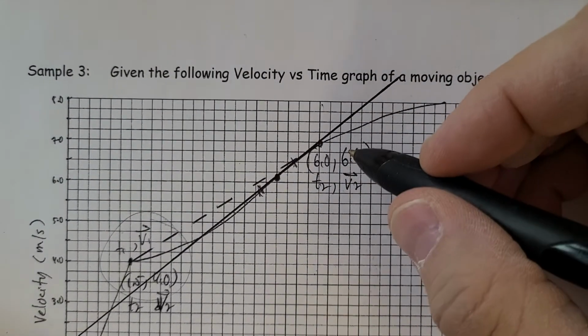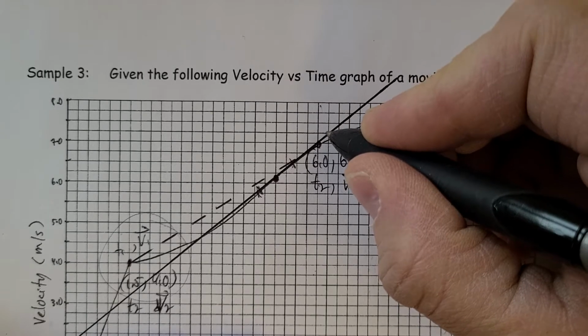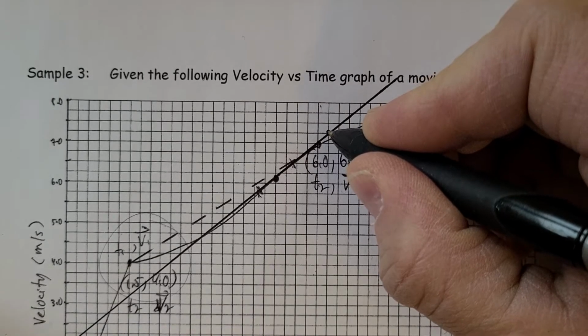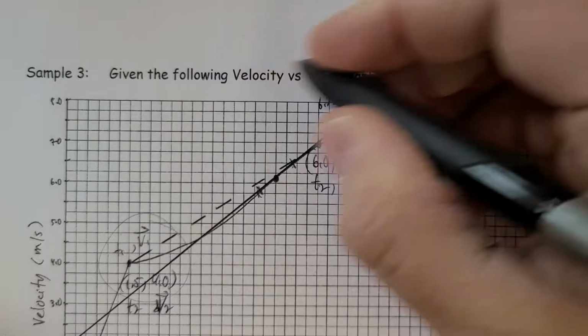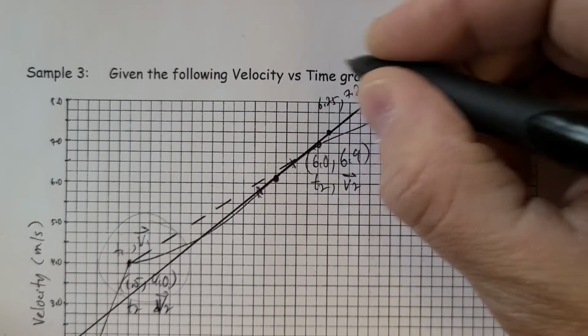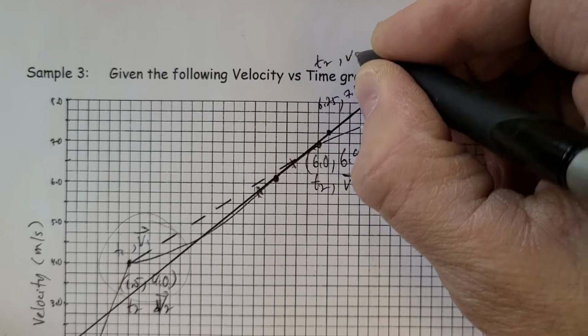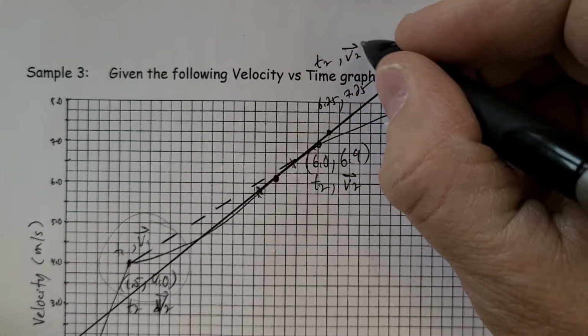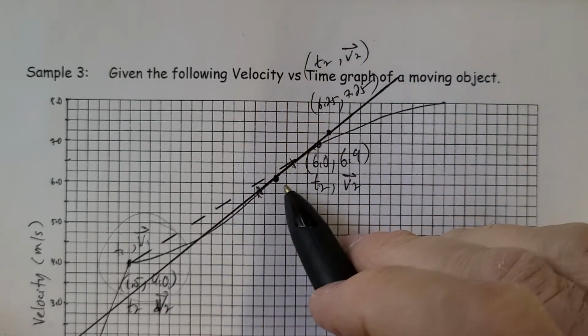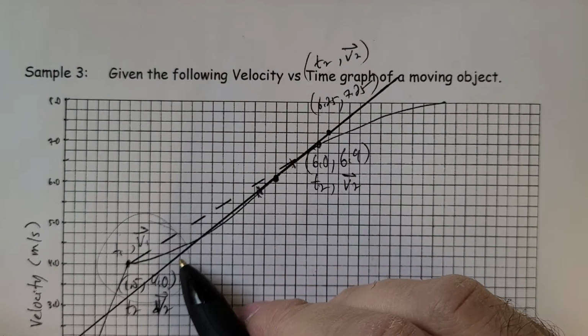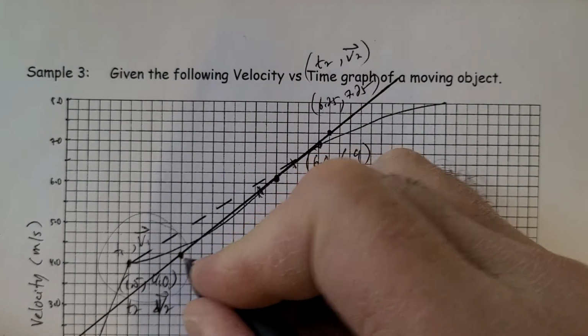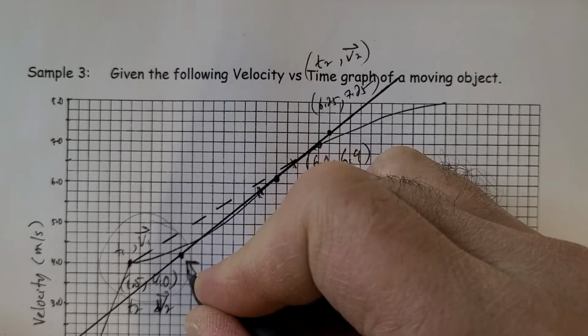Draw it nice and big because we're going to be looking for 2 points on there. So again, yours will be slightly different than mine. I see this point right here, which is going to be easy to read. So it's 6.25 and that's 7.25. So that's going to be my T2 V2 point for my tangent line calculation. And keep looking here. Right here, there's a good point right there.